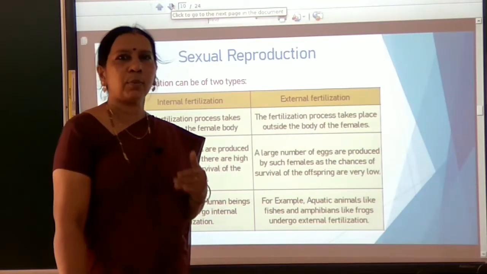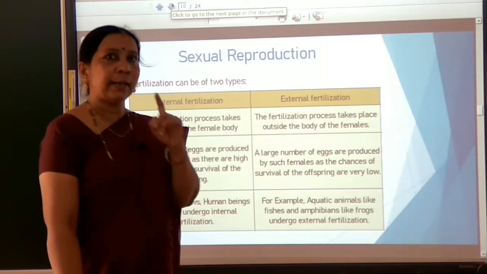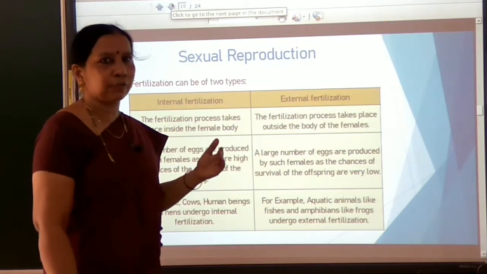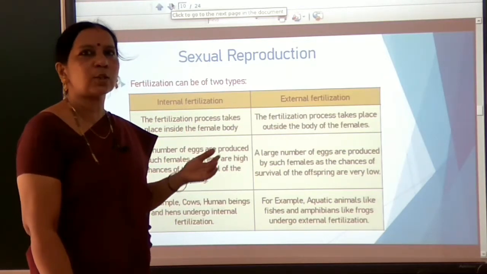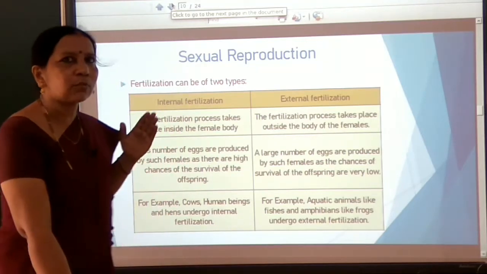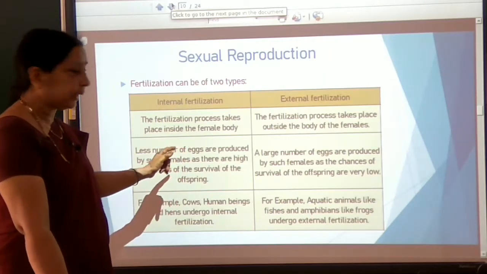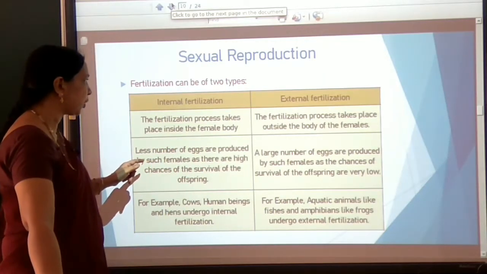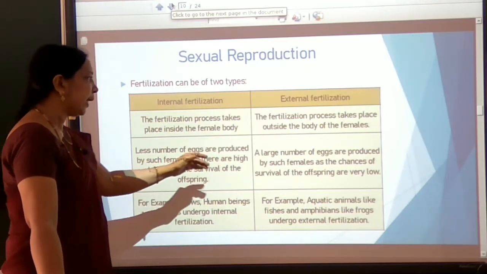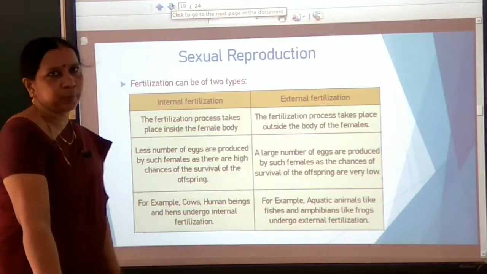Even if you consider birds, very few eggs are produced and the chances of survival are more. They are safe since the process takes place inside the body. So fewer eggs are produced during internal fertilization, and there are high chances of survival of the offspring.